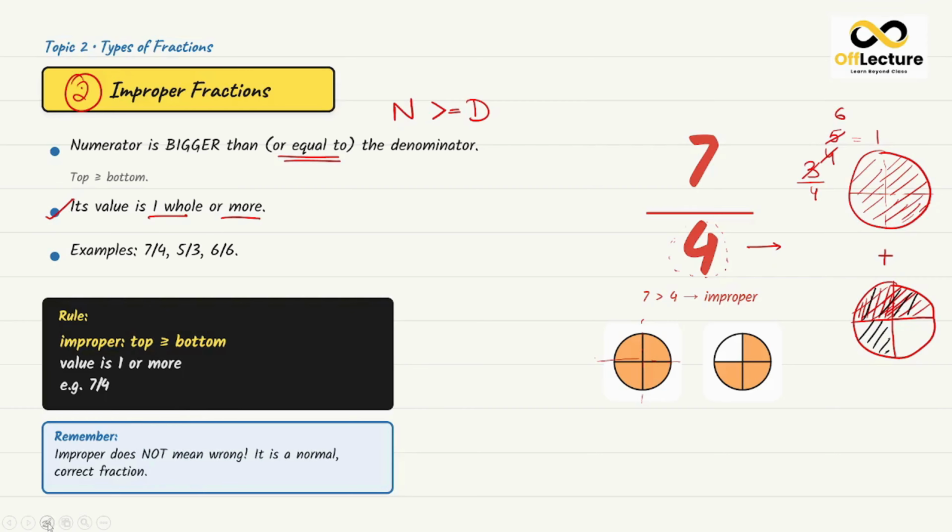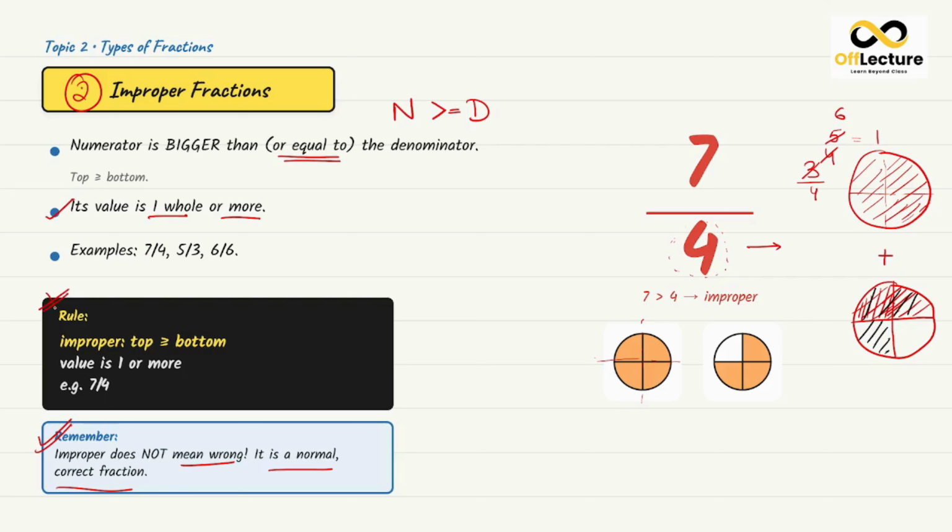Okay. This is how we understand the concept of improper fraction. And remember, improper fraction does not mean it is wrong. It is a normal correct fraction, but improper in nature.